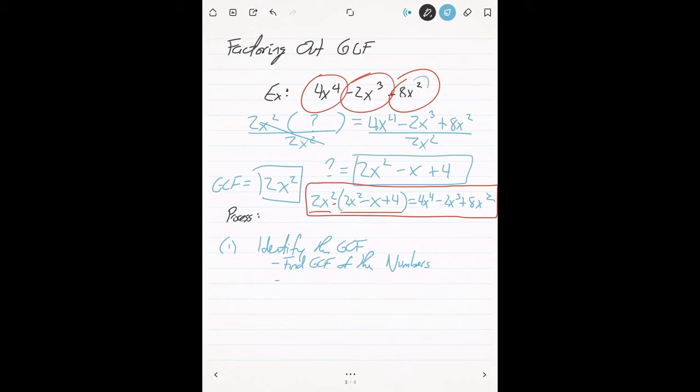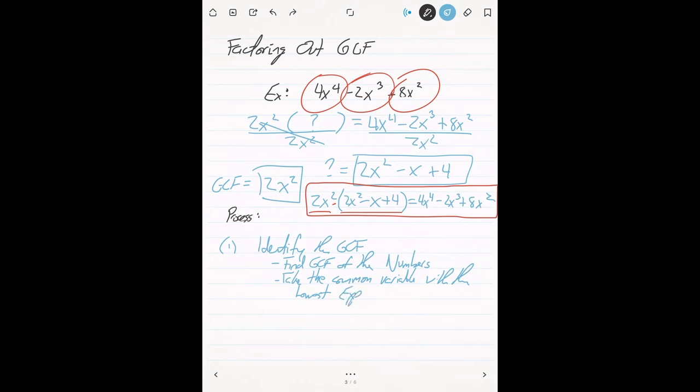How did we do that? Well, we said there are x's in common with all of these terms. How many did they at least have? Well, we noticed that they at least had 2 x's in each. So to find the GCF of the variables, take the common variable with the lowest exponent.